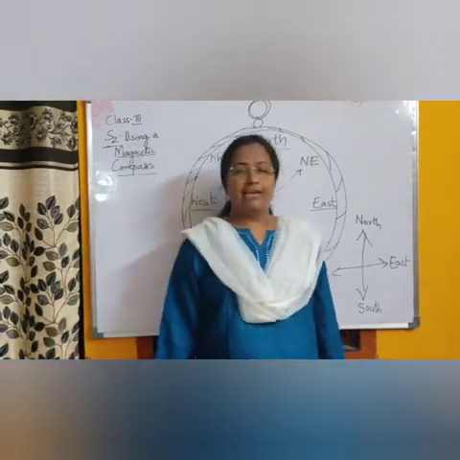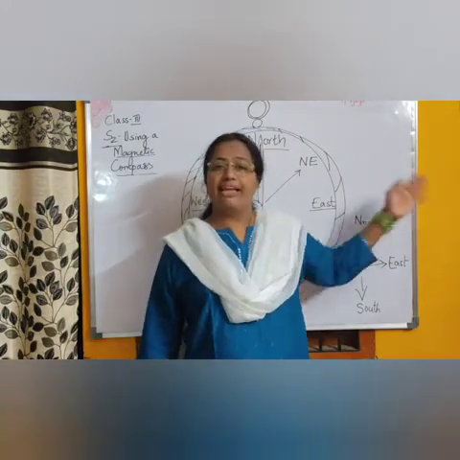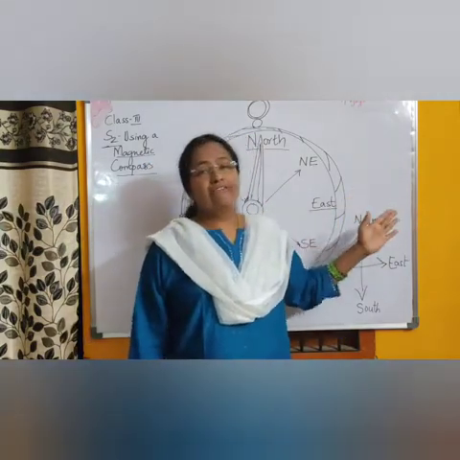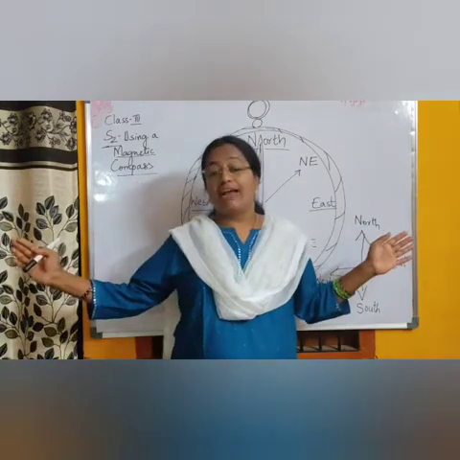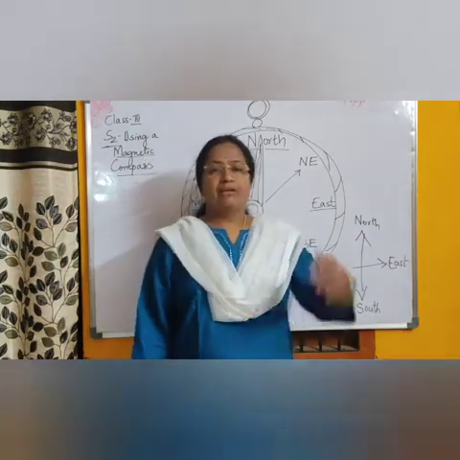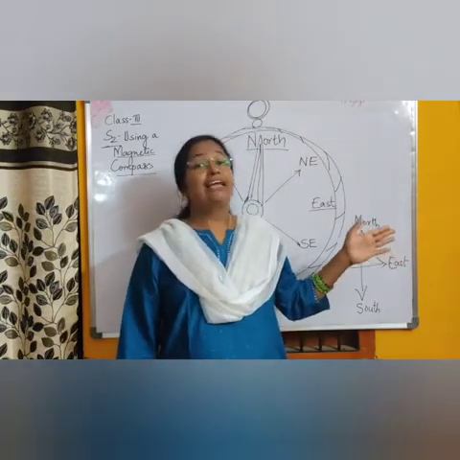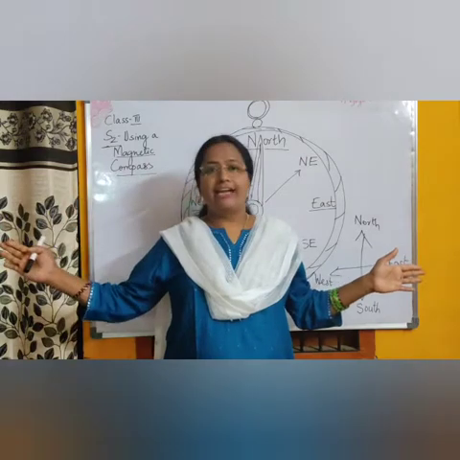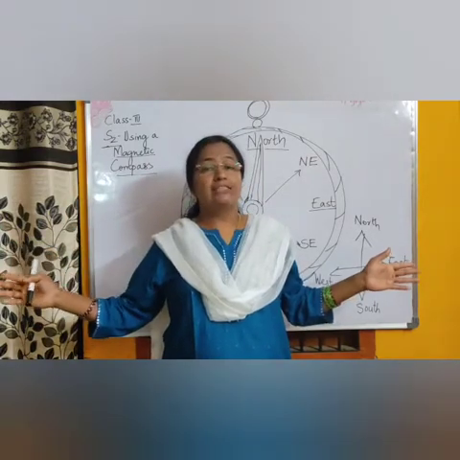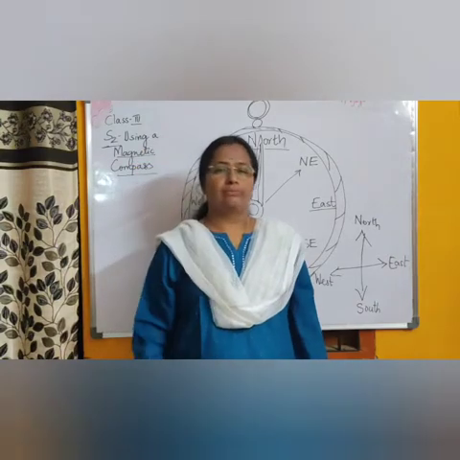If you are standing like this, this is north, your left will be east and your right will be west. If you look at me, this is north, my left side is east, my right side is west, and south is opposite to north.